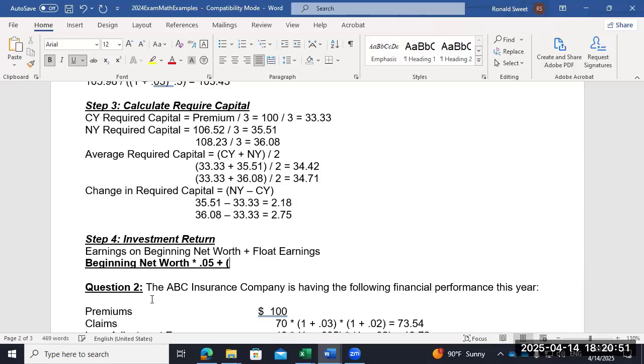The float is going to be the forecast minus the present value of the forecast. So in this case, our beginning net worth is 33.33 plus 5% plus.